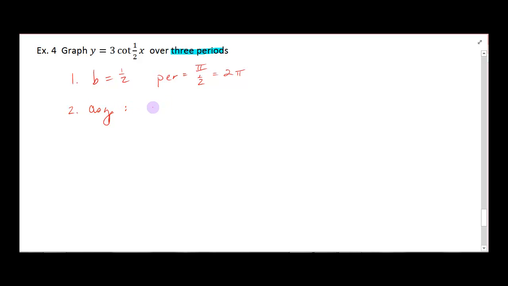And again, the asymptotes for cotangent are found by bx equals 0 and bx equals pi. So I'm going to replace b with 1/2 and solve for the variable x. And in this case, I find out that x is equal to both 0 and 2 pi. Now these are the vertical asymptotes that I'm going to mark on my graph, 0 and 2 pi, and I also want to remember that the period is 2 pi.